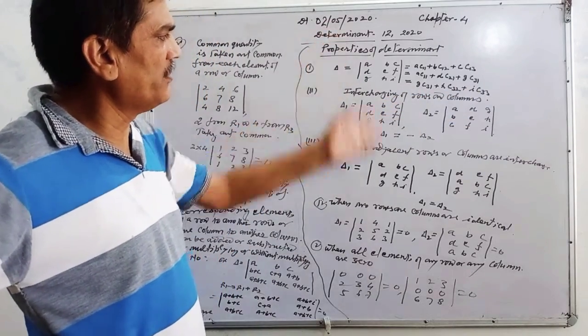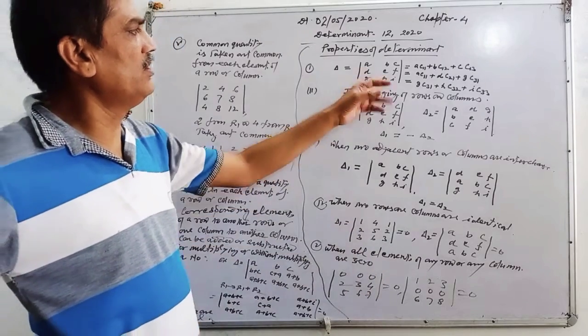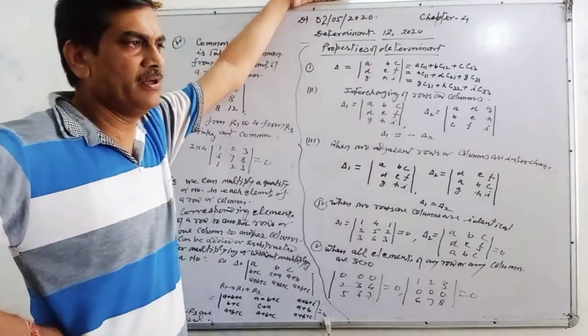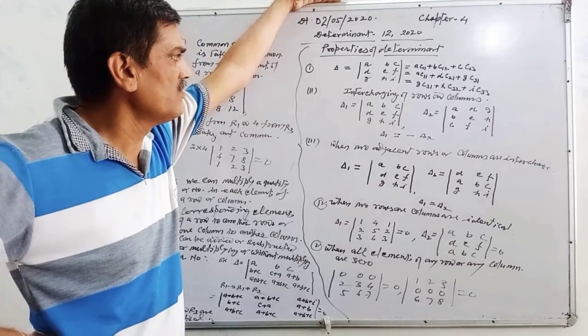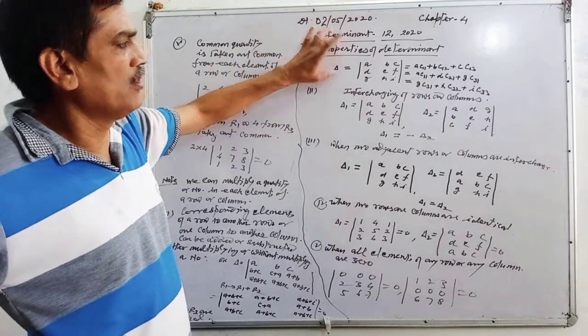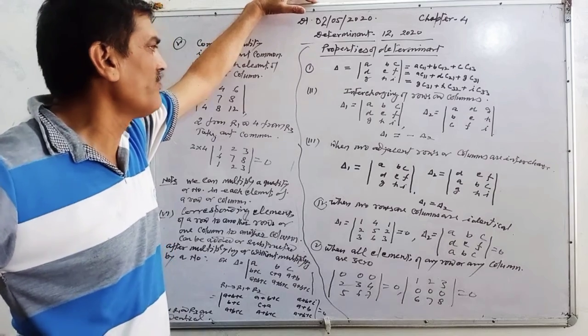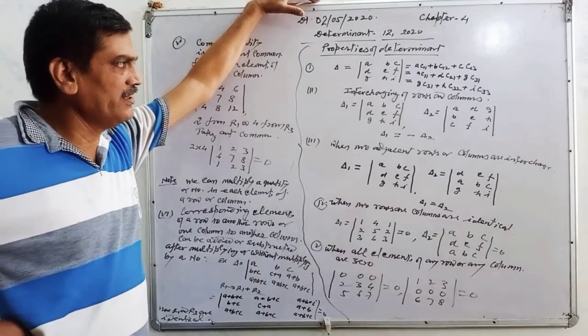Also, you can expand along C1, C2, C3. It means you can expand along any row or any column. The solution will be the same.